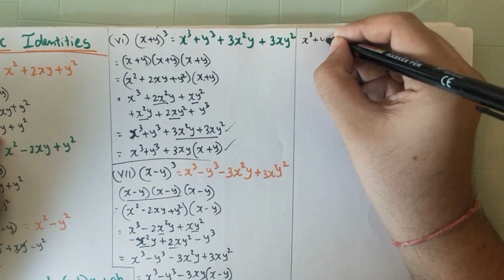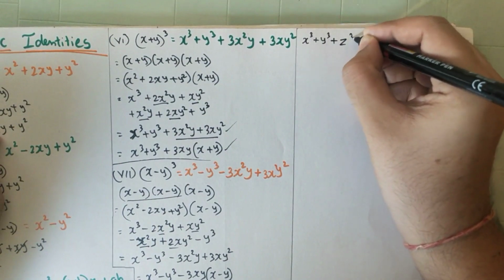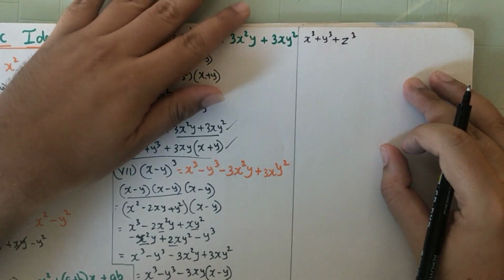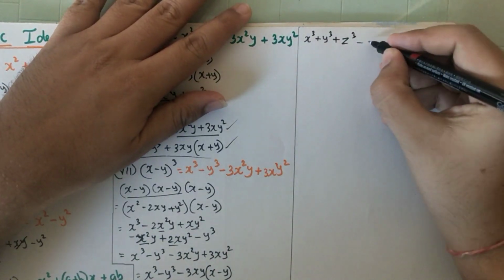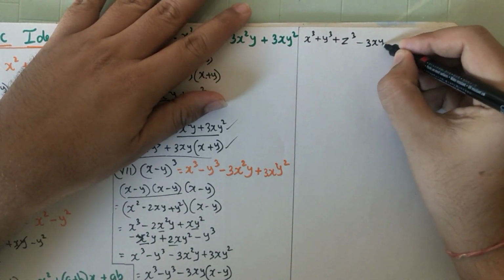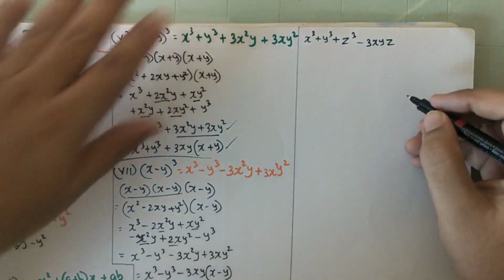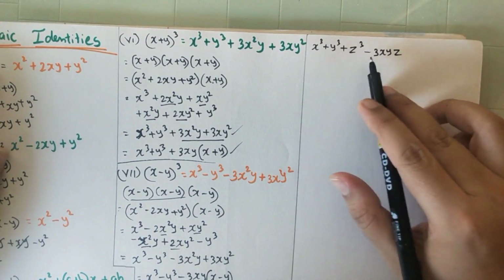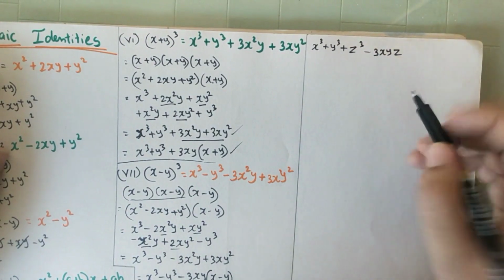x cube plus y cube plus z cube, the cubes of these 3 terms, minus 3 multiplied by first term, second term and third term. There are cubes of 3 terms, x cube plus y cube plus z cube, perfect cubes, minus 3 into first term into second term into third term.